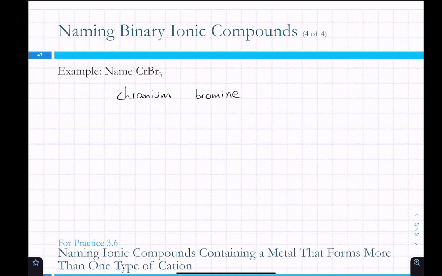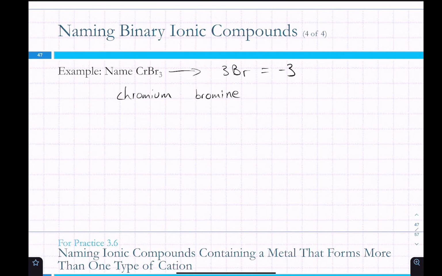So bromine, what's the charge? I guess back up a step. How do we figure out the charge that this chromium has? Based on the charge of bromine and the number of bromines. So we have 3 bromines, and each of those has a 1 minus charge, which means that we've got a total of a negative 3 charge.